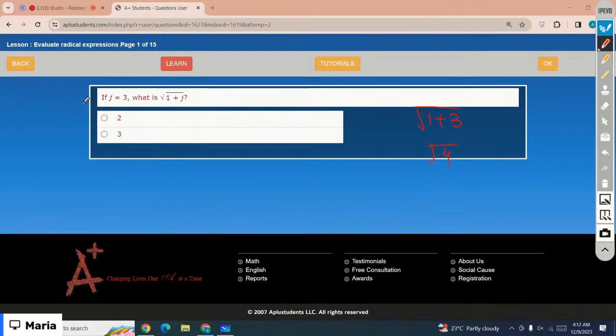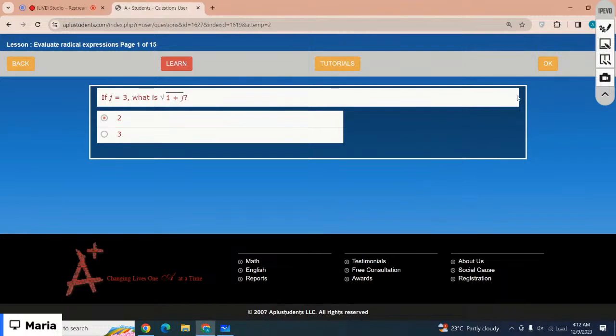So 3 plus 1 is 4 and square root 4 equals 2. So the correct option is 2.